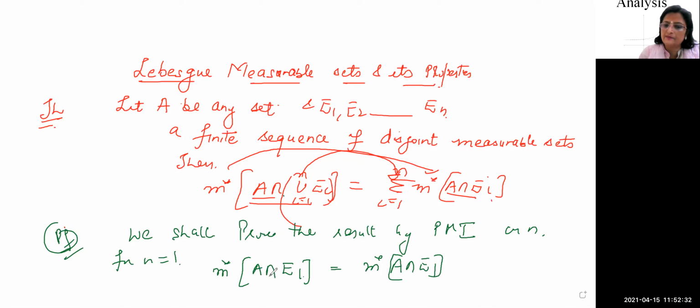So this becomes m star A intersection E1. This is a summation of n items, but now we will have only a single set. It implies the summation goes away. This becomes m star A intersection E1. So both values are equal. Therefore, the result is true for n equal to 1, right?